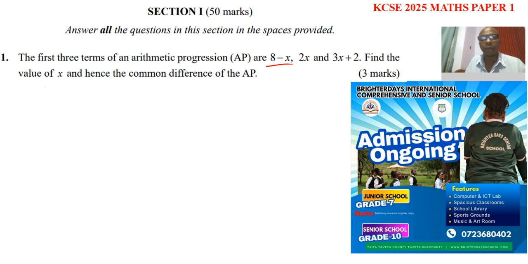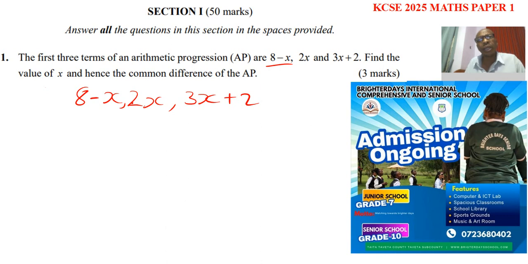We have 8 minus x, to form a sequence, and we have 2x, and we have 3x plus 2. When you add them, that is when you get an arithmetic progression.